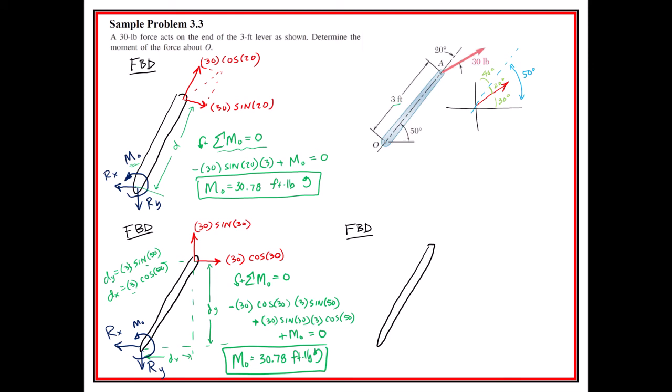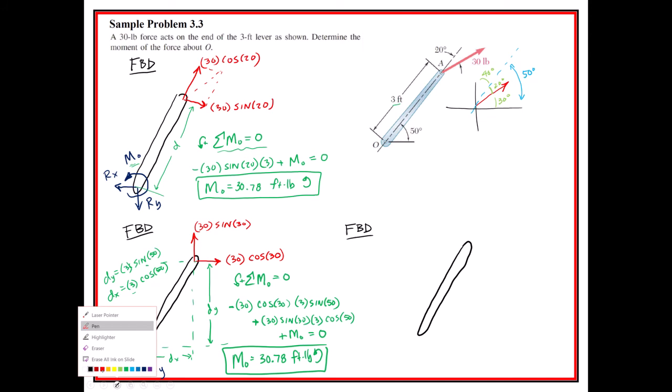That's good. But now we could have another alternative way, and I might need to give myself some more room over here. So here's the way that I would not do it, because I'd be all confused by the angles.